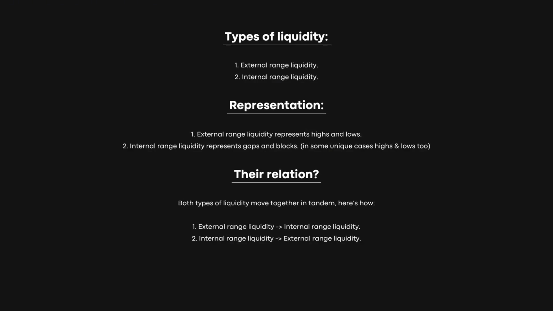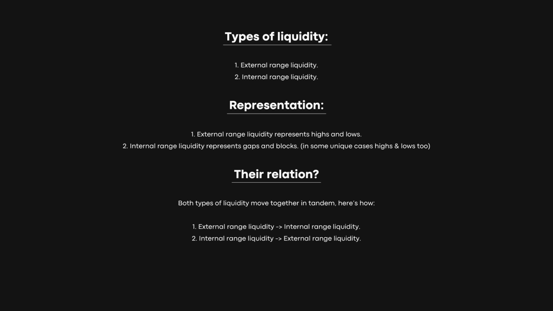Okay, so now in this slide, let's talk about the types of liquidity, what they are, how they work, and how understanding them can help us make better trading decisions, refine our analysis, and improve our ability to anticipate and predict price moves more accurately. So, at its core, liquidity can be broken down into two main types: external range liquidity or ERL and internal range liquidity or IRL.